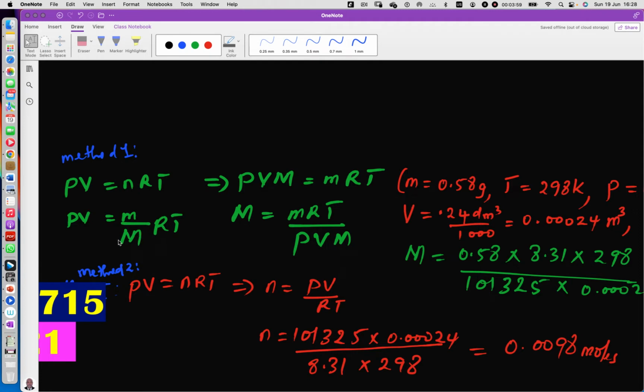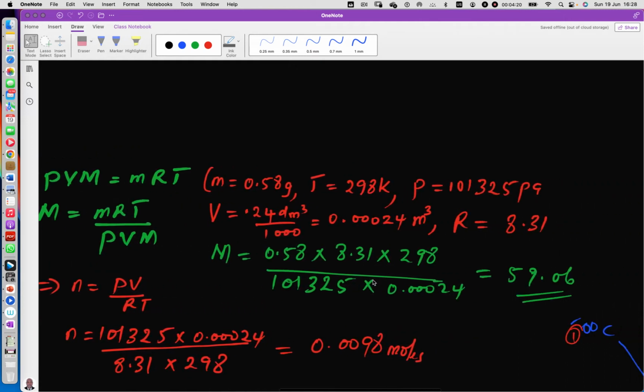We are making M the subject, which is the molar mass. The molar mass here will be M equals mRT divided by PV, and you know P is pressure, V is volume.